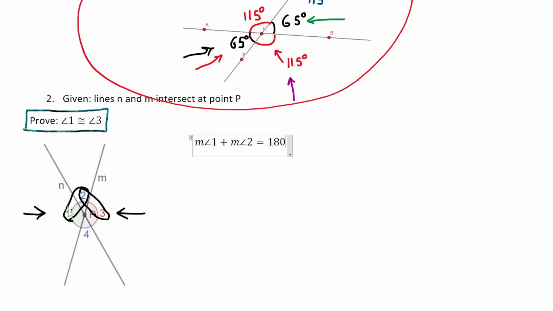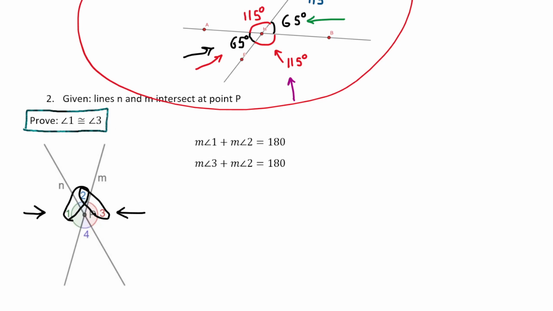Okay, that would be these two. That's my first line. Second line, I have measurement of angle 3 plus measurement of angle 2 also equals 180. Okay, I have these two statements right now so far.